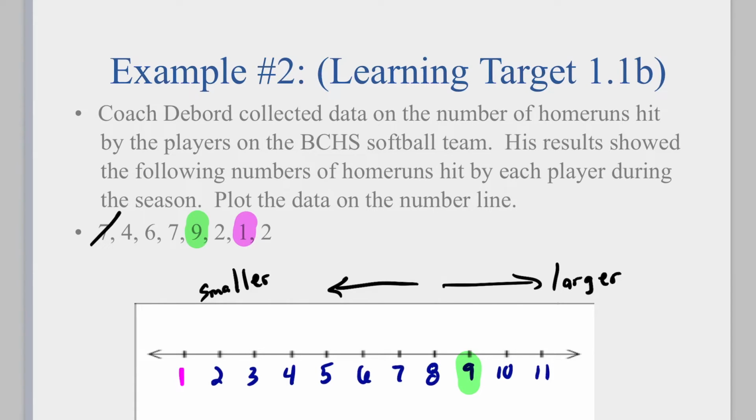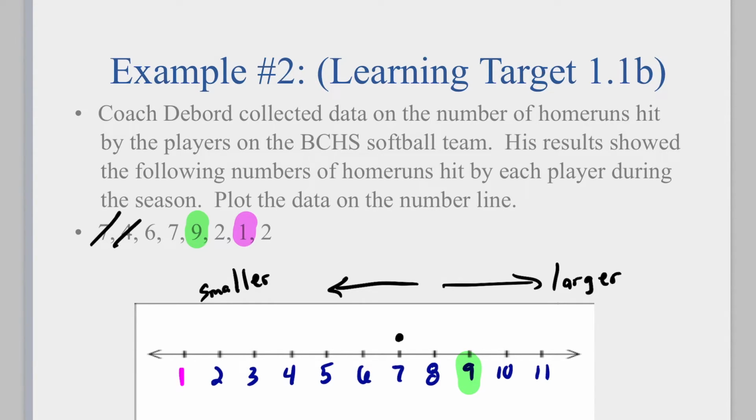It's not as hard on this data set because there's only 1, 2, 3, 4, 5, 6, 7, 8 numbers. But as we get larger and larger sets of data, it's easy to forget one of the numbers in the data set. So as I place the dot above the corresponding spot on the number line, I'm going to mark it out in my data set to make sure I don't forget any.